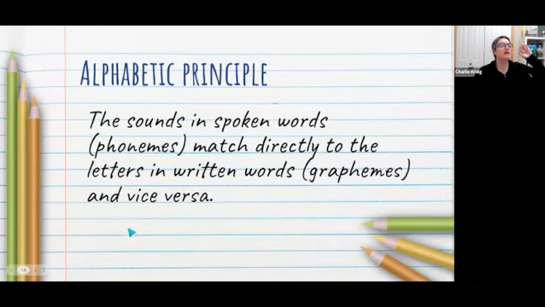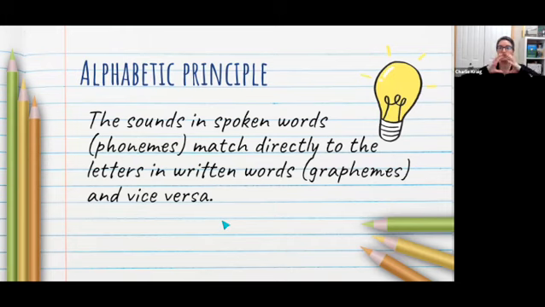For most students, this is like the light bulb aha moment that turns them into little tiny reading sponges and writing sponges. And this idea that the sounds in spoken words, the phonemes that we hear, can be matched directly to letters in written words, the graphemes, and vice versa.